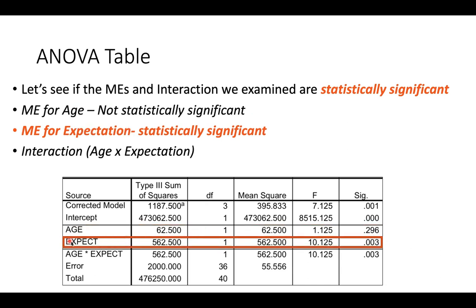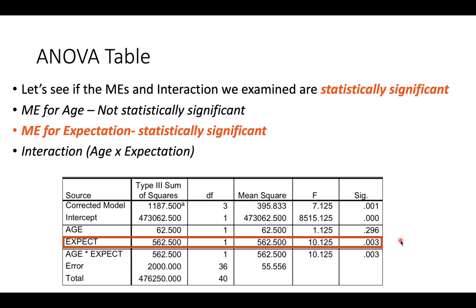Let's move to teacher expectations. We similarly found the degrees of freedom for teacher expectations by taking the number of levels minus 1. So there were high expectations and low expectations. So 2 minus 1 is 1 degree of freedom for teacher expectations. They have a much larger F value of 10.125, which produces a small significance value, or p-value, of 0.003. This significance value is below our threshold of 0.05.